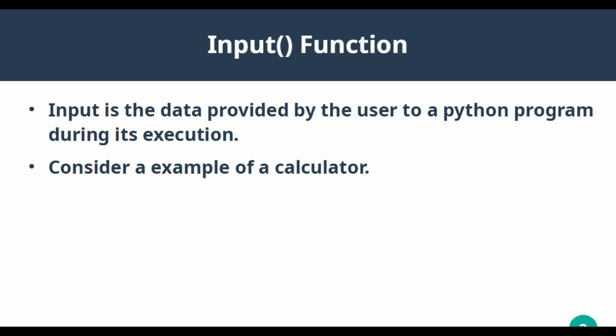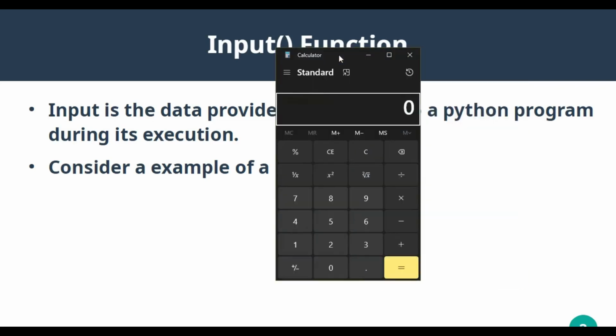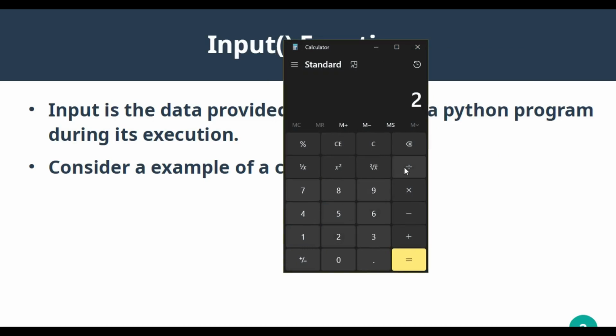Consider an example of a calculator. In a calculator, a user has the ability to provide inputs to a calculator program. Say for example, I am writing 2 plus 2. Now what I am actually giving to a calculator is input, that is this 2 plus 2.